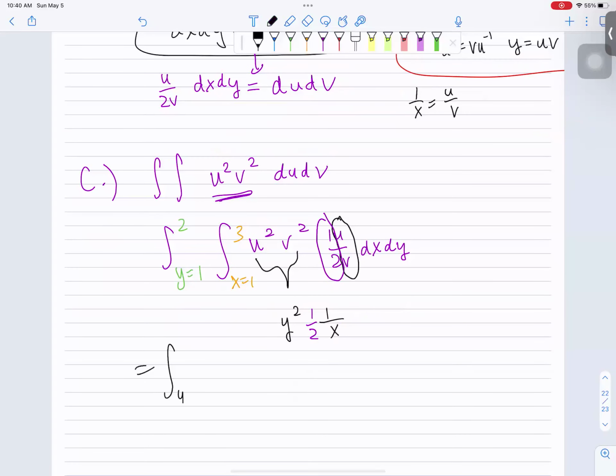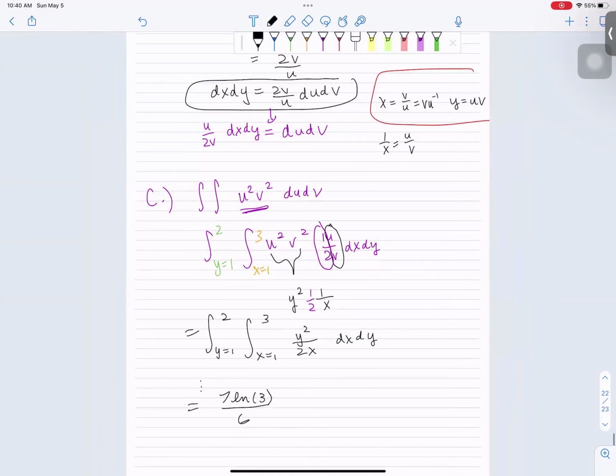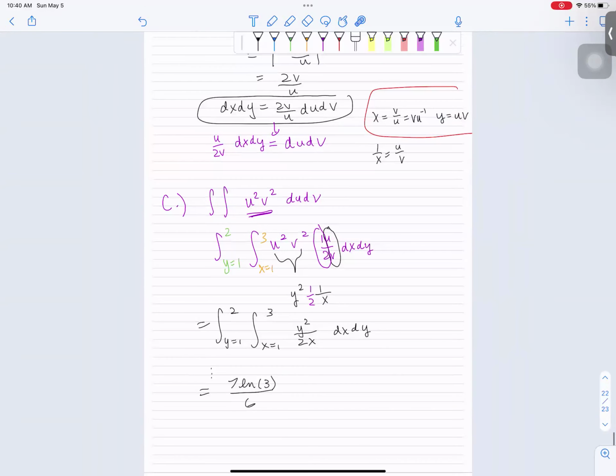So in total, I have the integral from y equals 1 to 2, x equals 1 to 3 of y squared over 2x dx dy. If you evaluate that, you get 7 natural log of 3 over 6. Oh wait, they said to evaluate it, so you'll have to evaluate it.